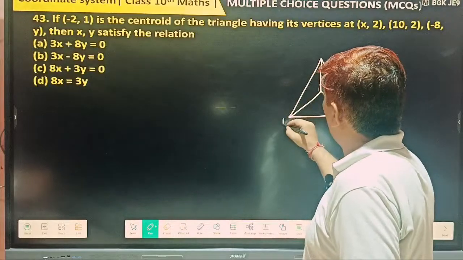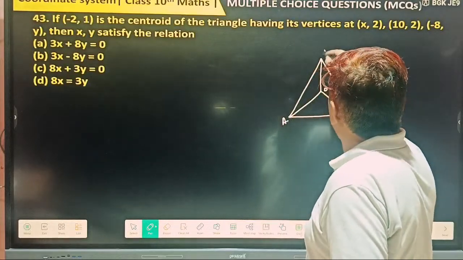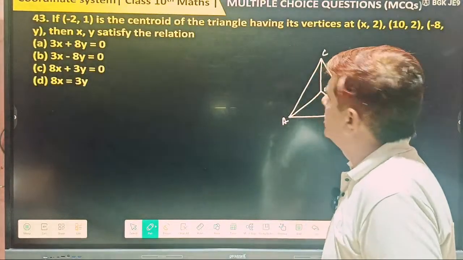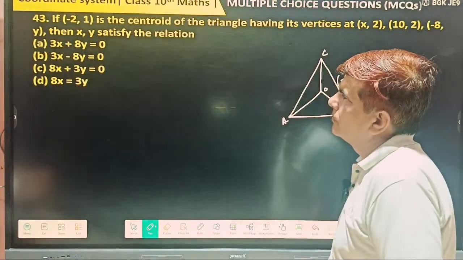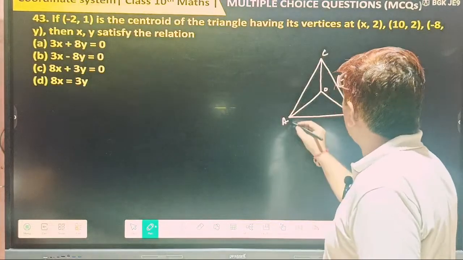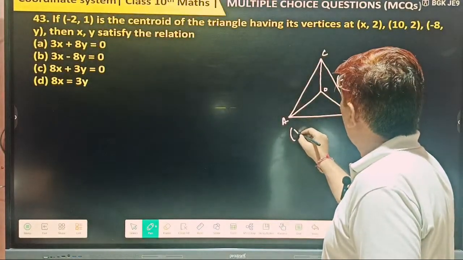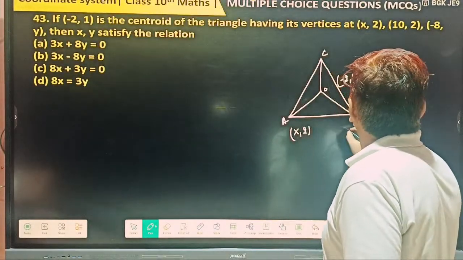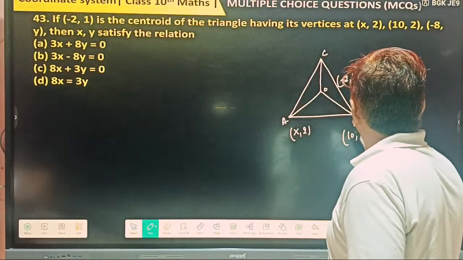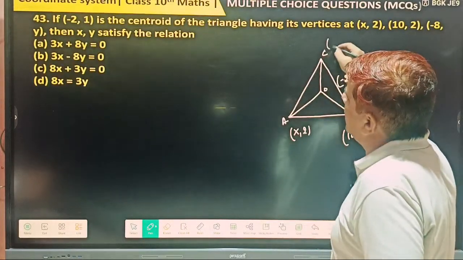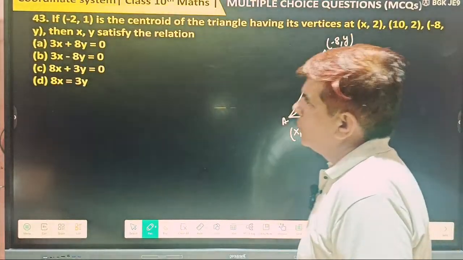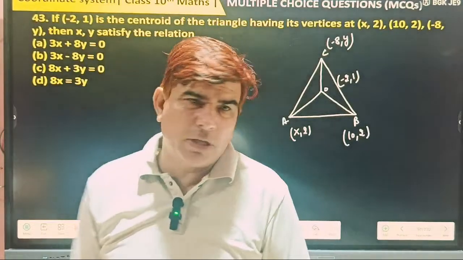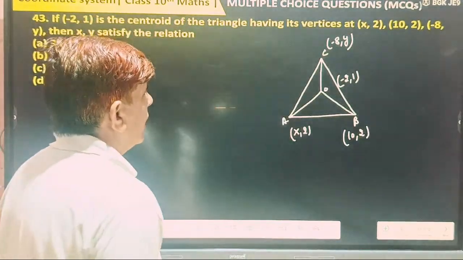This is O, A, B, C. Then O is minus 2 and 1. Understood? And what are the coordinates? x, 2; 10, 2; next is minus 8 and y. You have to find the relationship between x and y.